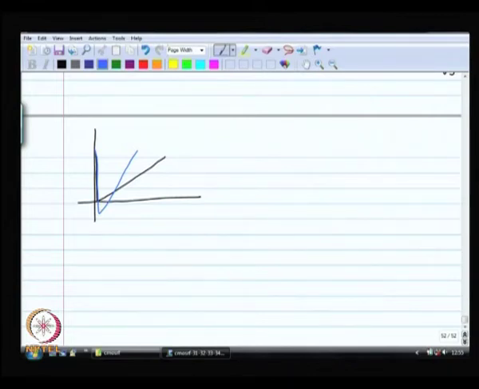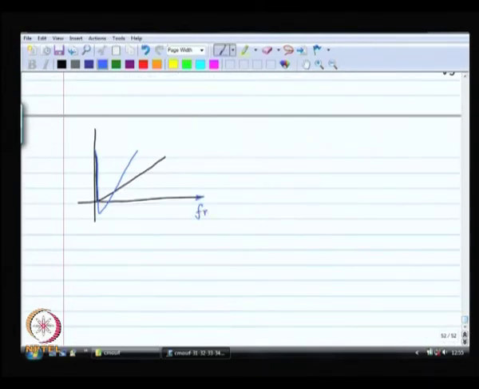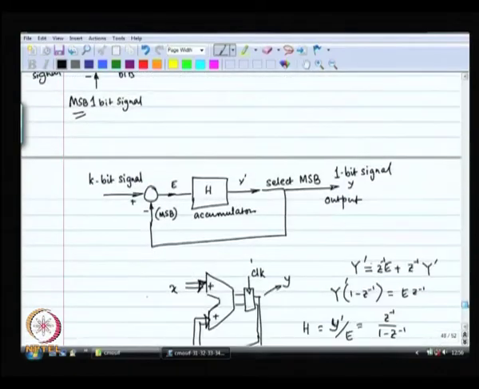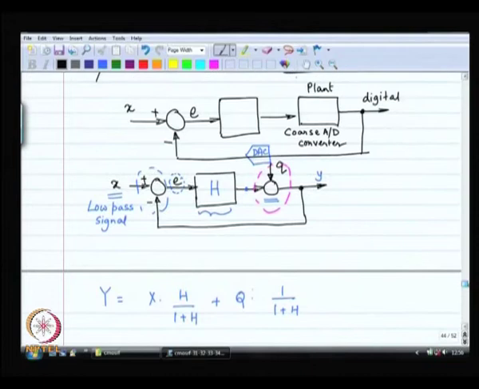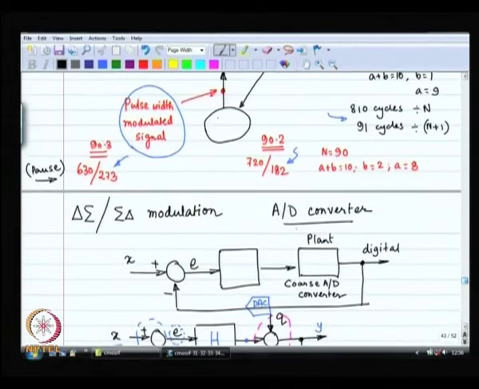Now, as far as we are concerned, this signal that I have got over here, this x, is it a low pass signal or a high pass signal?